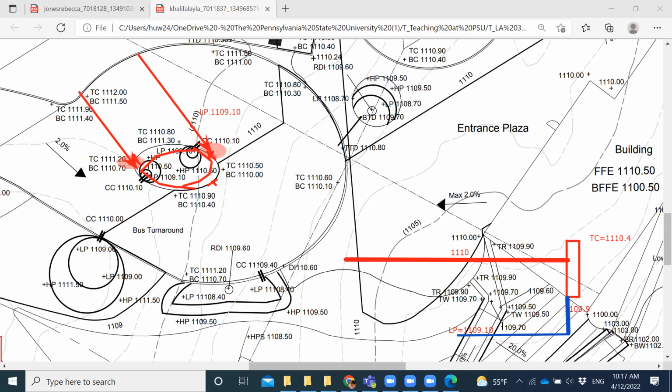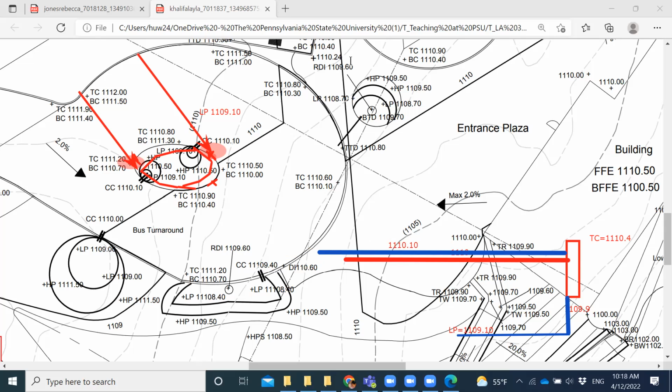TC and water level is at this level. So my water level is at 1110.10. That's the top. And because TC here is higher than 1110.10, you actually do not need a high point.